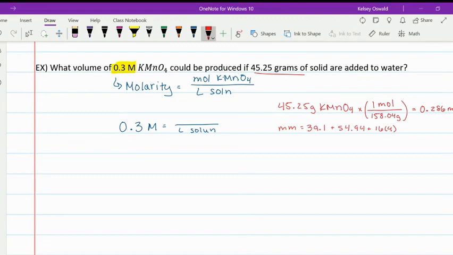Okay. So now that we know our number of moles, we can plug that into our molarity equation. This one's a little bit trickier to solve for because that liters is in the denominator. So if that's the case, get liters out of the denominator first by multiplying each side by that volume.